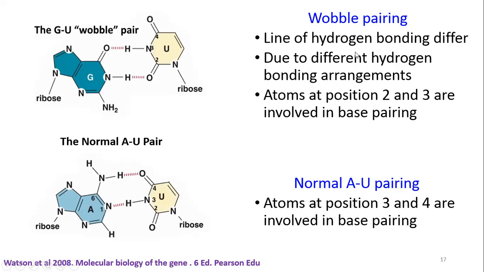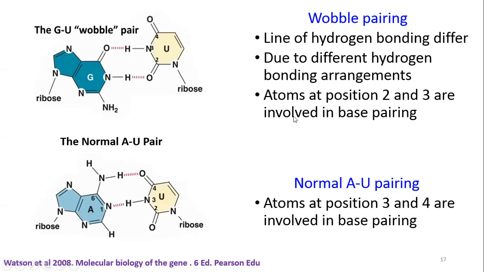On the other hand, in the case of Wobble base pairing, in which your G is paired with U, the line of hydrogen bonding is somewhat different. In this case, atoms at position 2 and 3 are involved in base pairing, in contrast to 3 and 4 in the case of normal base pairing.